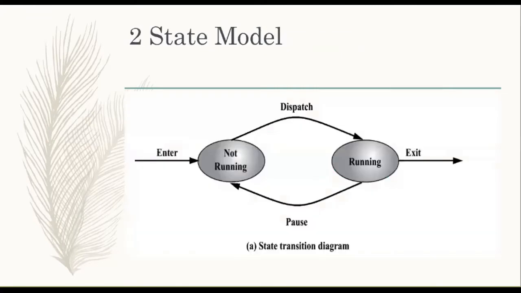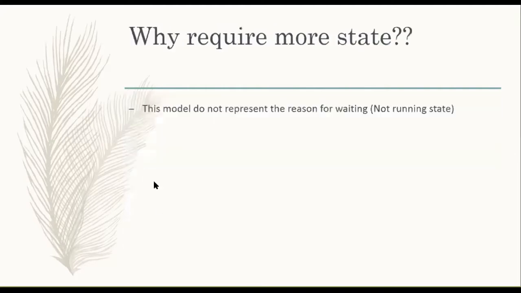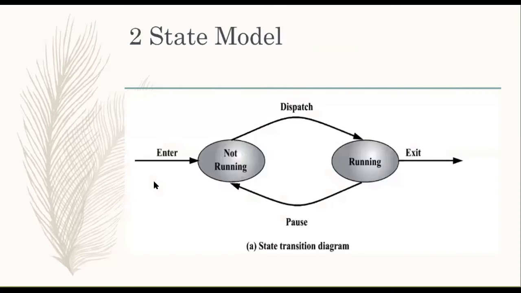Then we moved to the fact that there are multiple models, and the most basic model is the two-state model, where a process will enter and it will have only two things: one is the running state and the other one is the not running state.